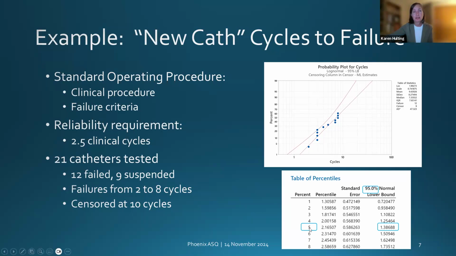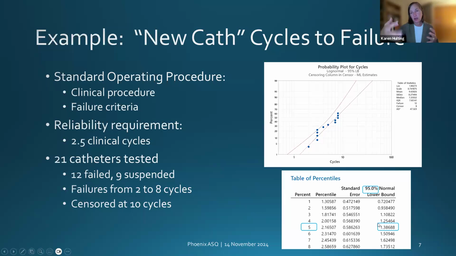And so I can tell you right here, no need to worry about a spoiler, that if I want to estimate that 5th percentile, the best guess estimate is a little over 2 cycles, this number here, 2.165. And if I apply that 95% lower confidence bound, that 5th percentile point is only 1.4 cycles.